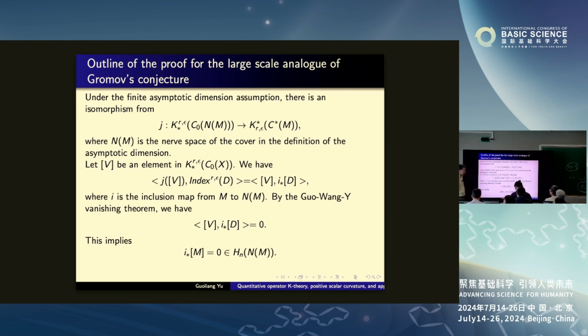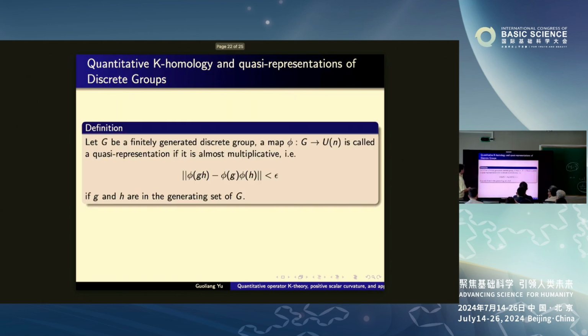So now I'm going to mention some other directions, which I have been working on with Shmuel, Jianchao, and also some other project with Rufus. I'm just going to be very brief.